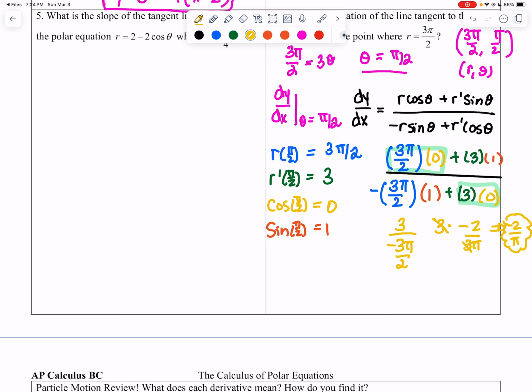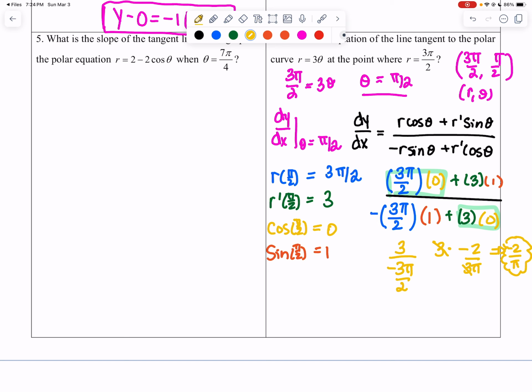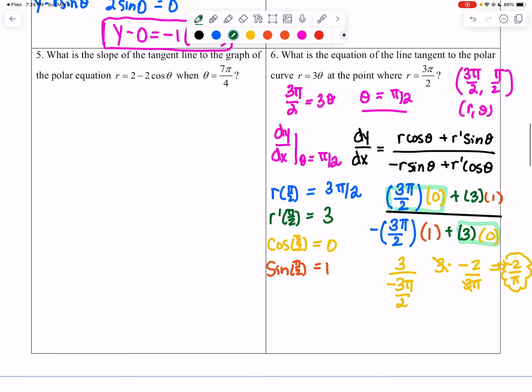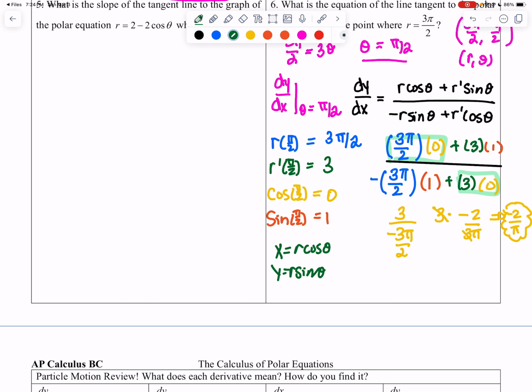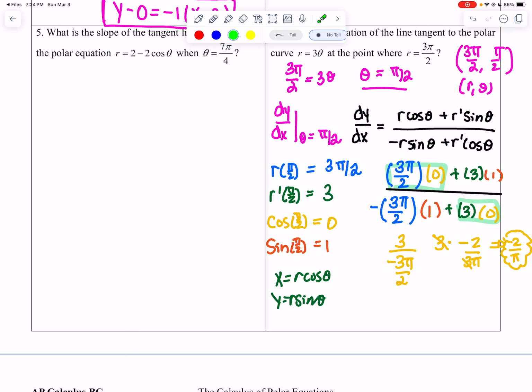And that's your slope. Now, once again, as a reminder, this right here is in polar coordinates, so (r, theta). We're going to need to find out what x and y is, my Cartesian points, for number 6. So what I'm going to do is go ahead and say x is equal to r cosine of theta, y is equal to r sine of theta. X right here, honestly, I don't really care about because cosine of pi over 2 is going to be 0 anyways.